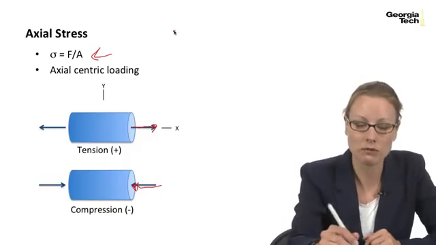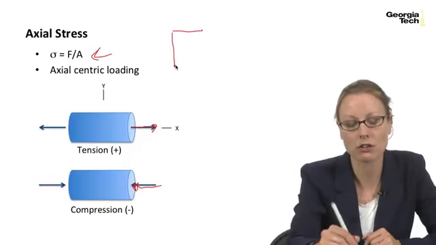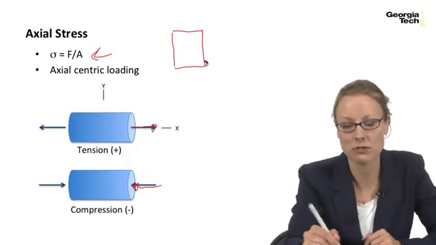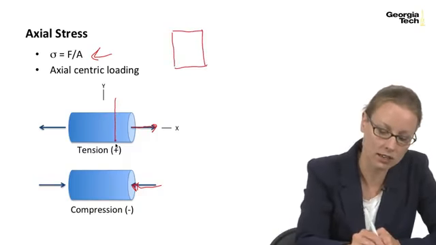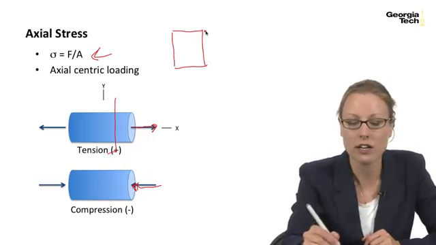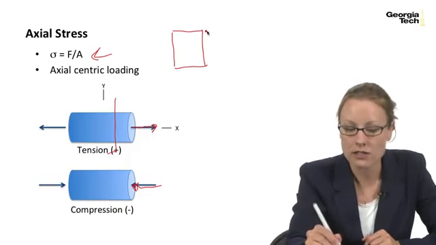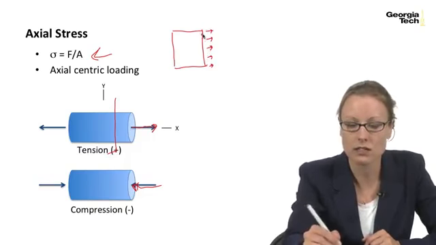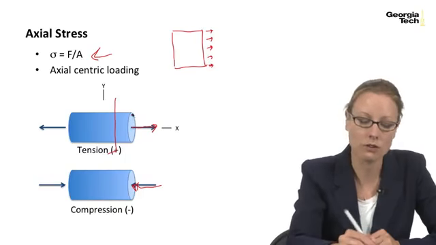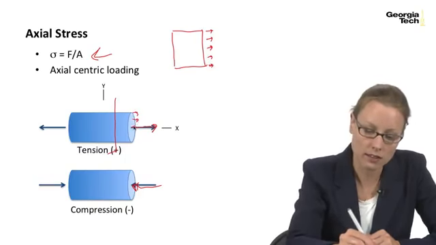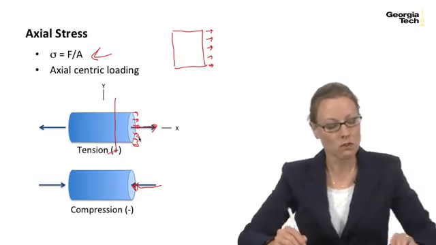And as a reminder, if we look at the distribution of stresses, if I were to cut this cylinder here, axial stresses are uniform in nature, so they would be the same value across the surface, like that.